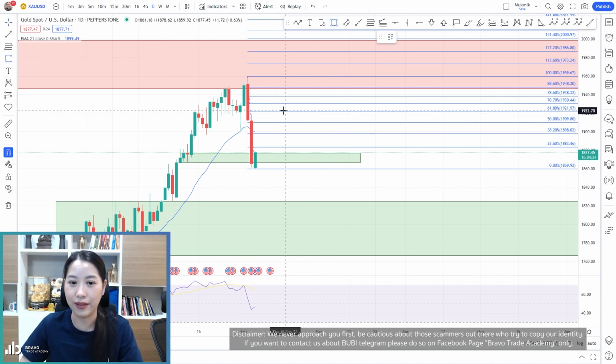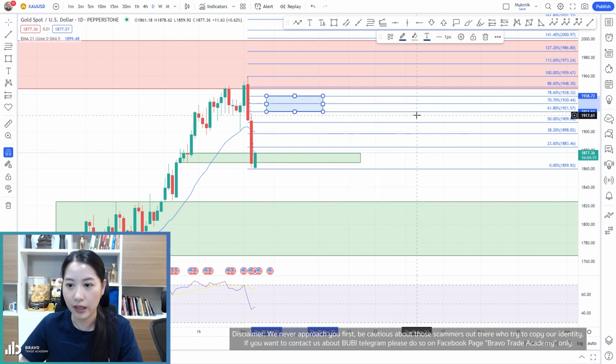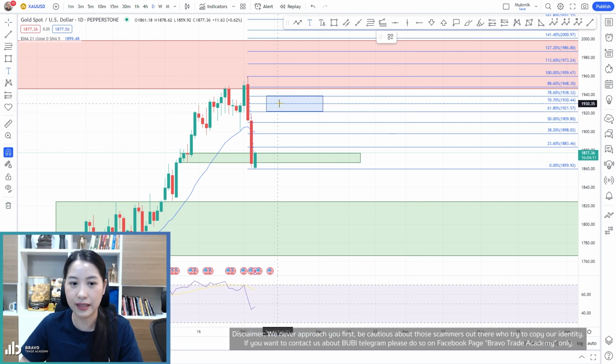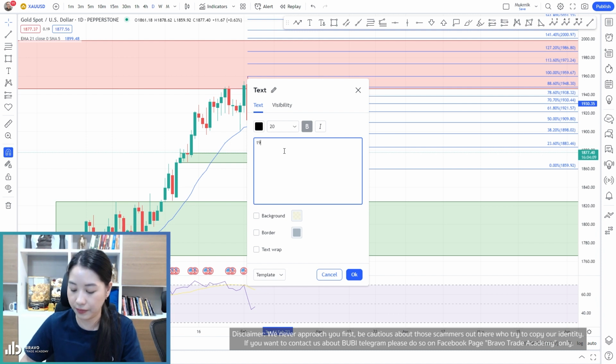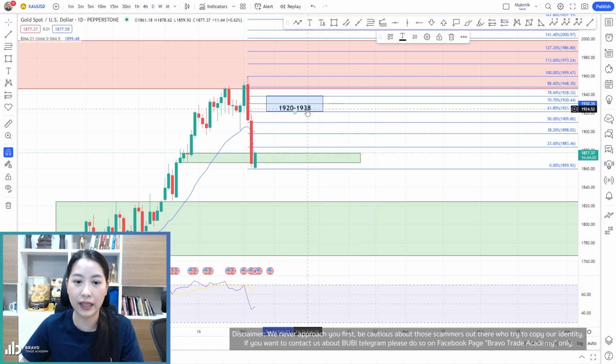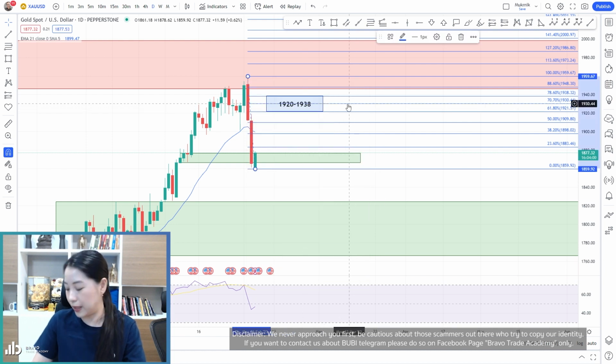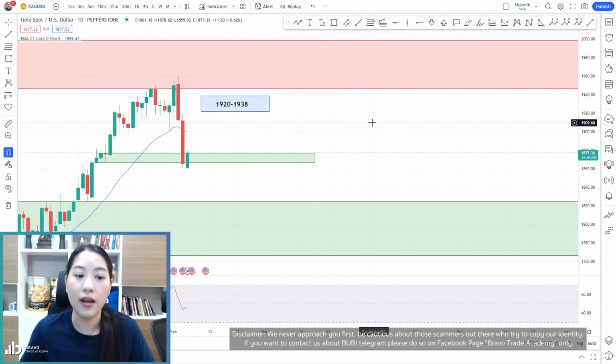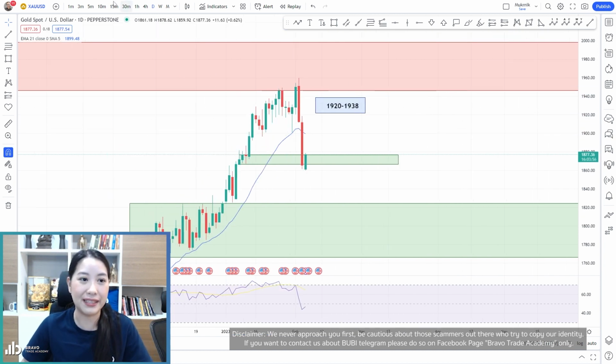Okay, so this is going to be our plan. QM sell from 61.8, which is around 1920 to 1938. Alright, it's quite a large price range because that's from a very large time frame, the daily time frame.